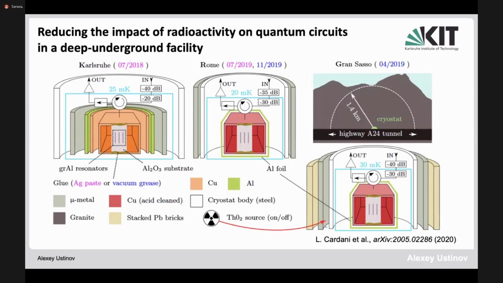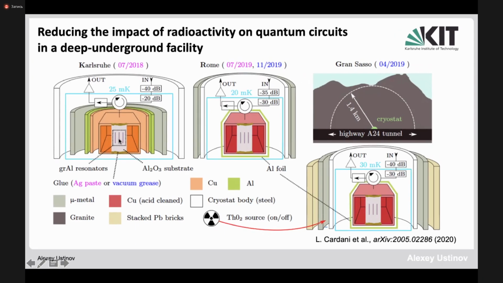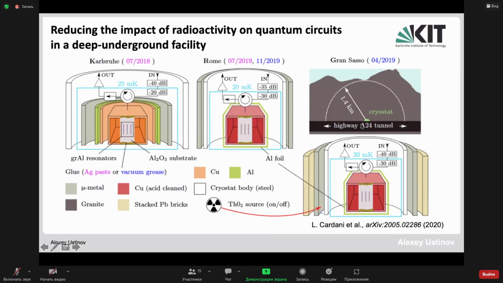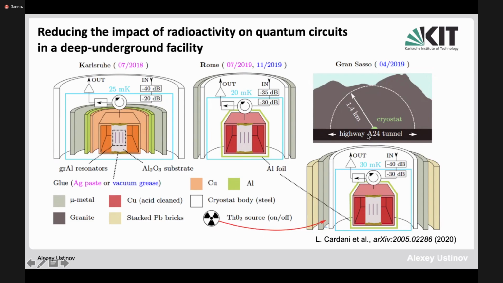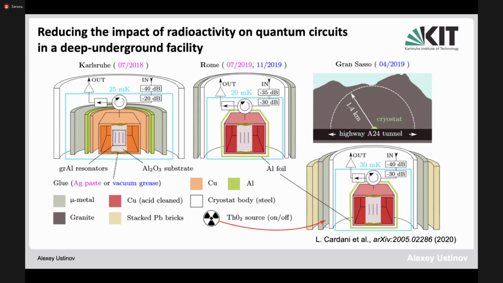And another example, which was done also in collaboration with our lab in Karlsruhe, was measurements of the quality factors of superconducting resonators in two experimental labs in Karlsruhe and Rome, and then doing the similar measurement in a laboratory in Italy, which is located under 1.5 kilometers of rock. This is in Gran Sasso in the Apennine Mountains in Italy, where there is a tunnel going inside the mountain to the lab protected by this rock.